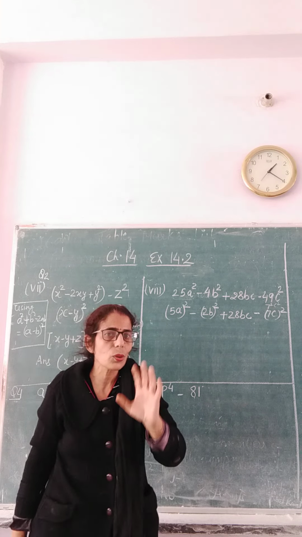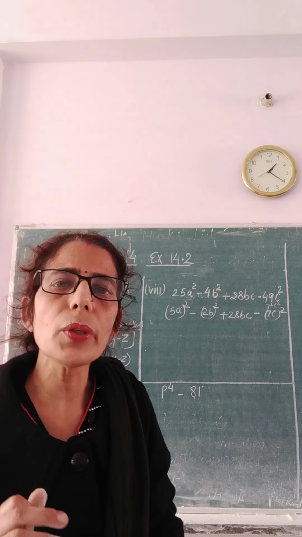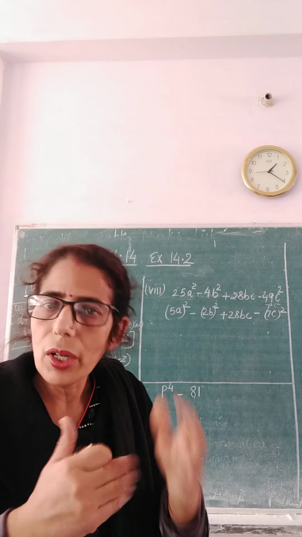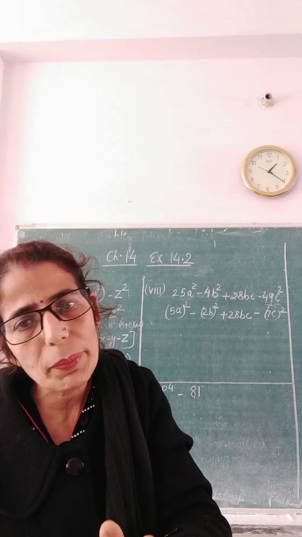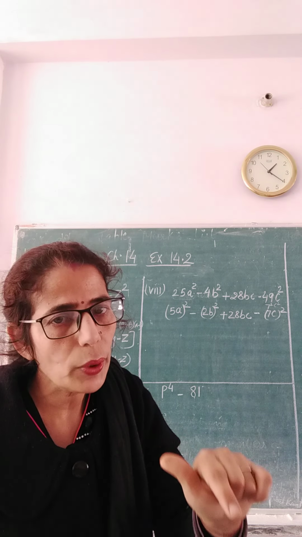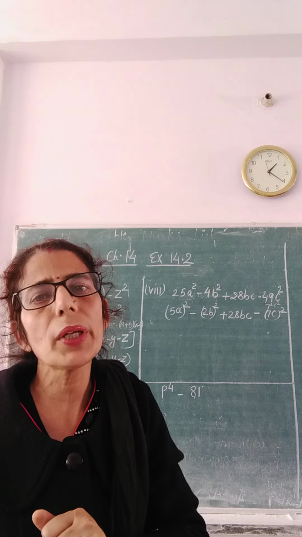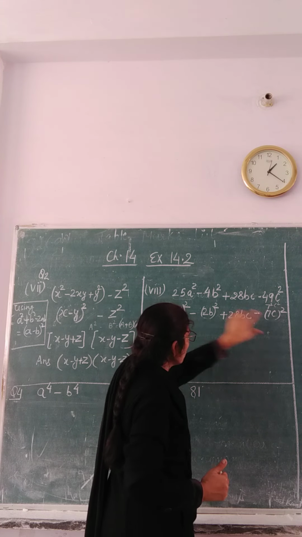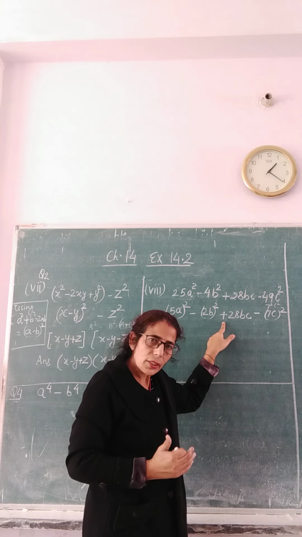This is the reverse of a square plus b square minus 2ab is equal to a minus b whole square. We either have all the terms positive, a square plus b square plus 2ab is equal to a plus b whole square, or a square positive plus b square positive minus 2ab is equal to a minus b whole square. But here the squares are negative and this term is positive.